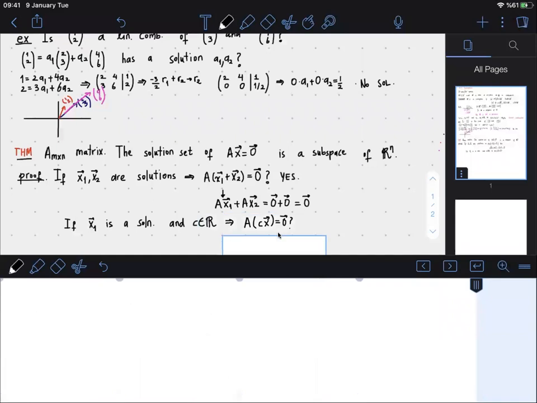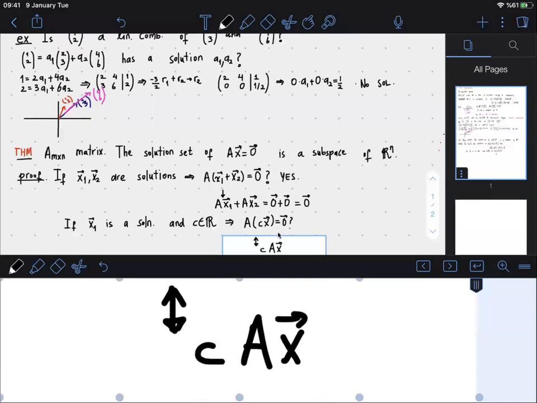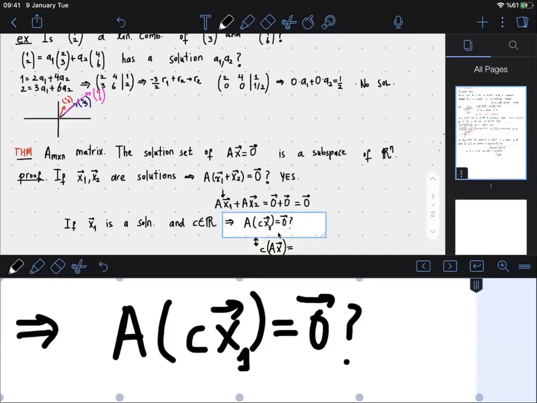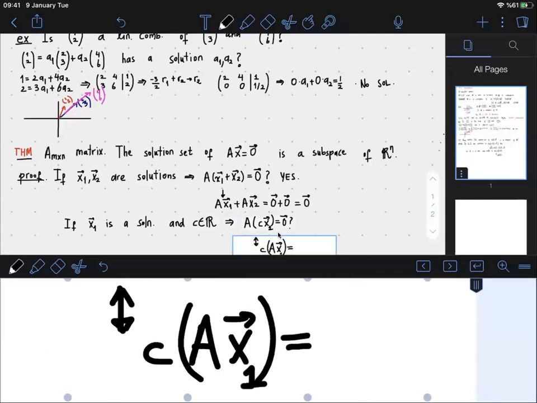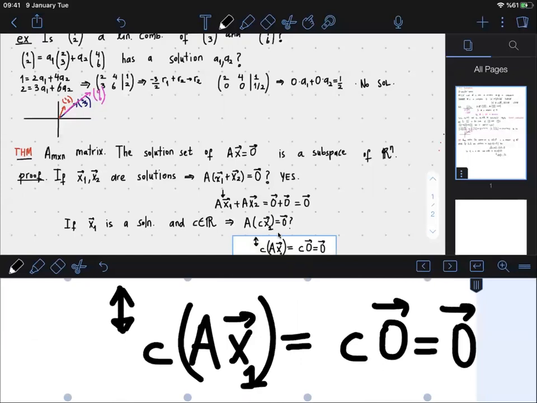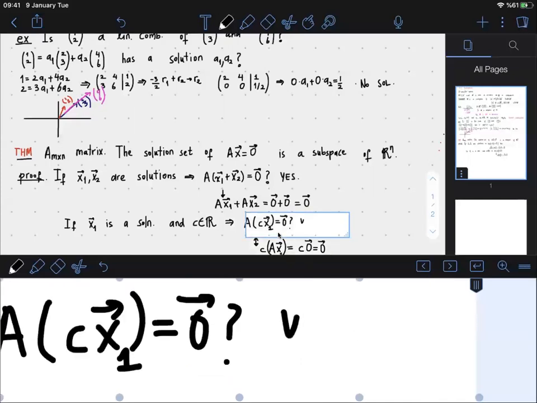This means c times Ax1, because I can move the constant out of this operation. A times x1 is the 0 vector because x1 is a solution. So this means c times the 0 vector, and if I take the product with the 0 vector, the result is the 0 vector. So the answer to the second question is also yes.